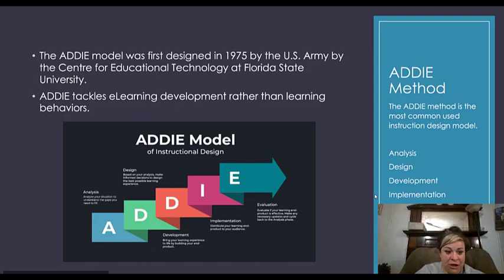It's a linear model where you go from one step to the next, to the next, to the next. So, of course, you analyze the situation to understand the gaps you need to fill. Then, based on your analysis, you make informed decisions, and you continue on through the development, and eventually we end up with the evaluation.